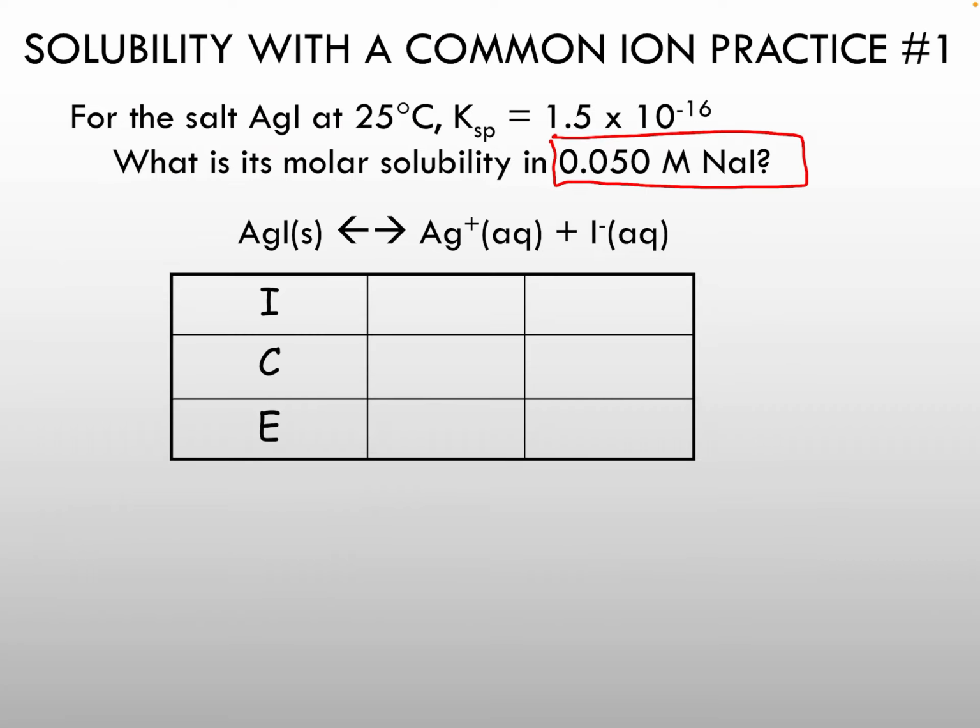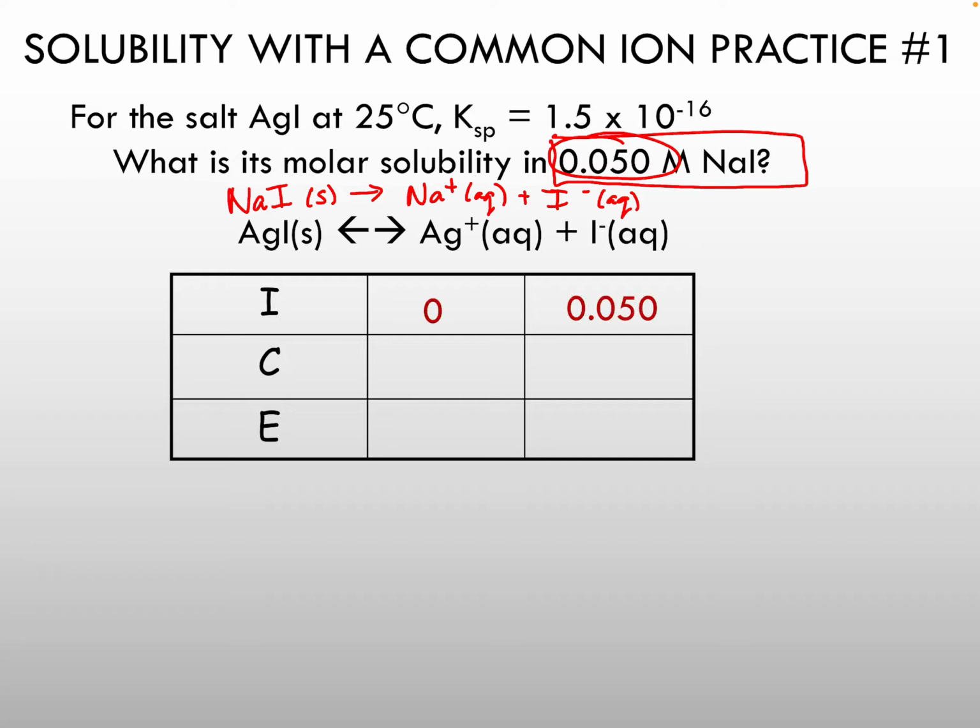When we make our ice table here, if we think about sodium iodide, it is going to break apart into Na plus and I minus. So when we put our 0.050 molar sodium iodide in water, we are getting 0.05 molar of each of these ions because it's breaking apart.